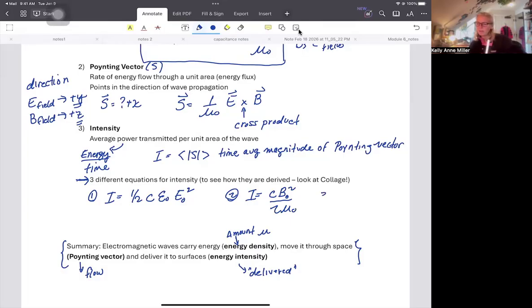And then the third way is the maximum electric field times the maximum magnetic field divided by 2 times mu naught.